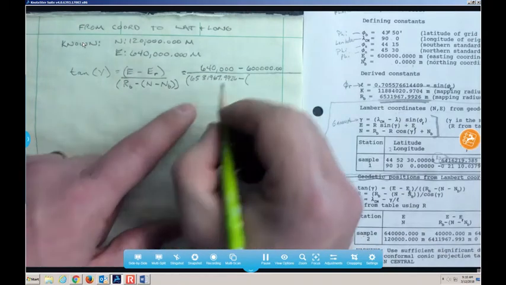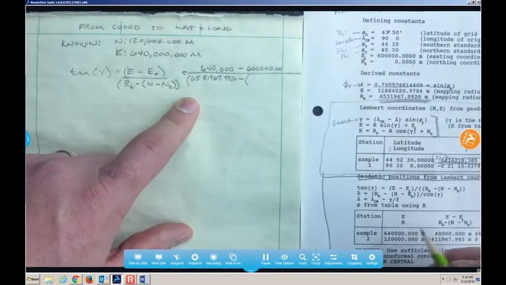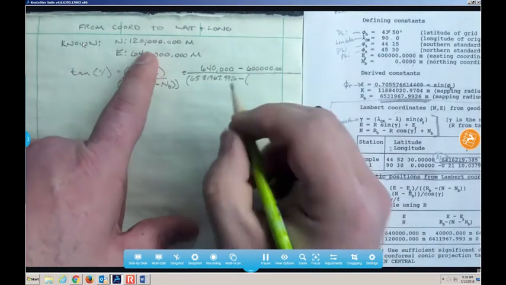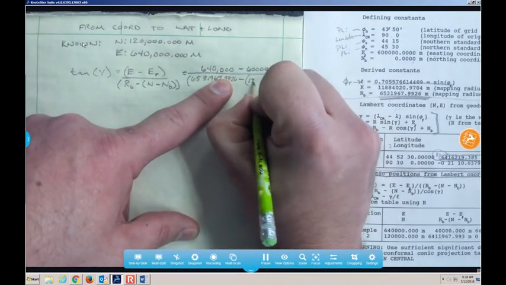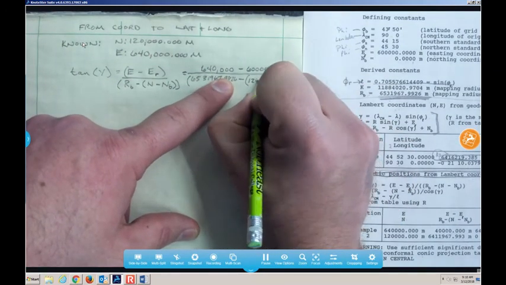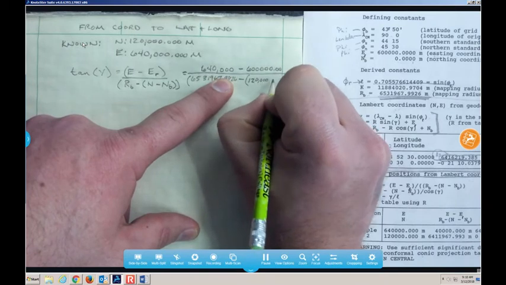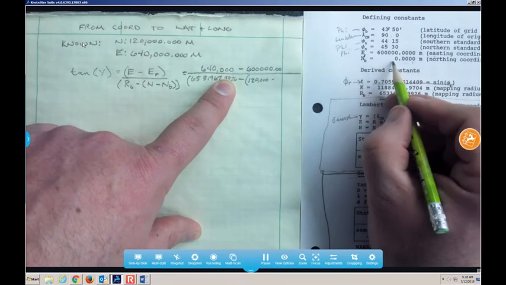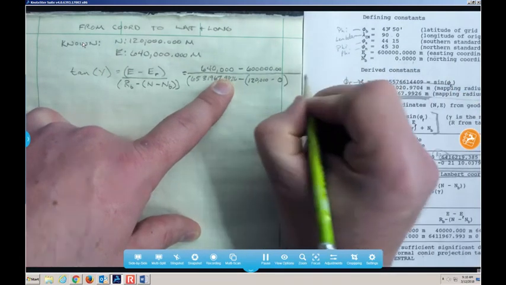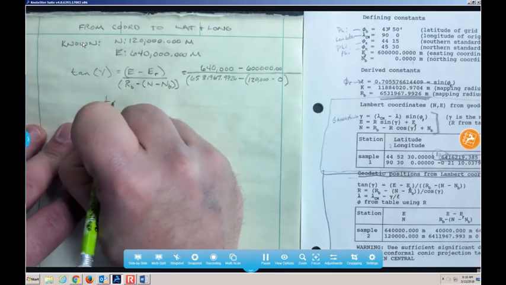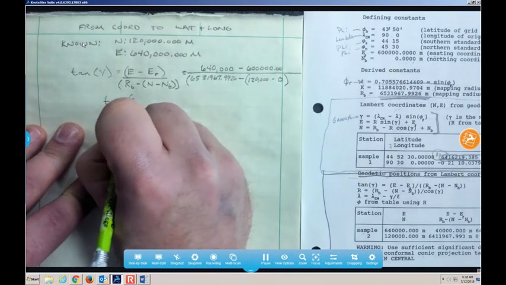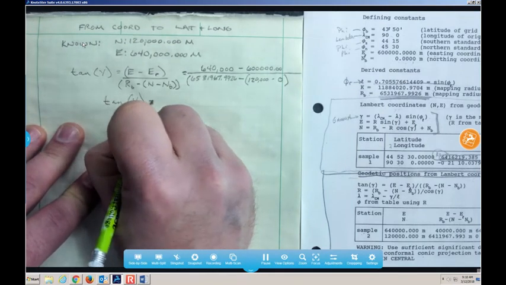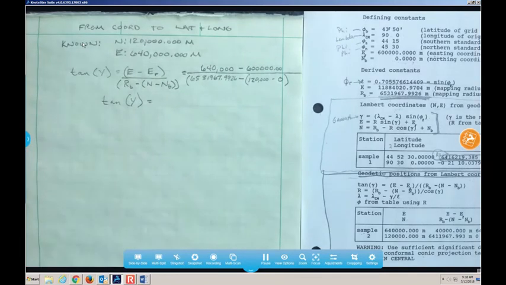And then N is our northing that was given to us. The northing is 120,000 meters minus NB. Well, NB is given and it's 0. So our tangent of gamma equals what?